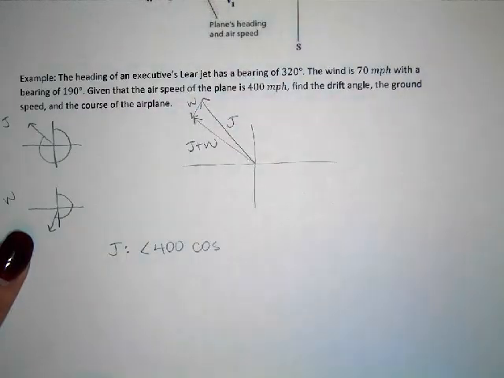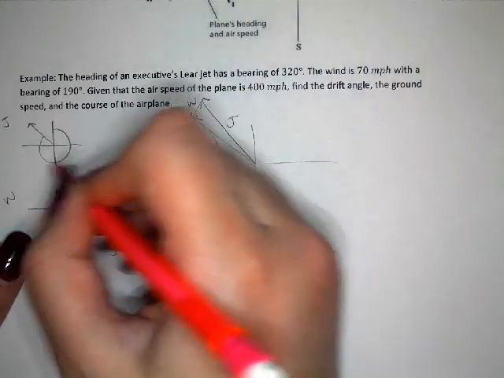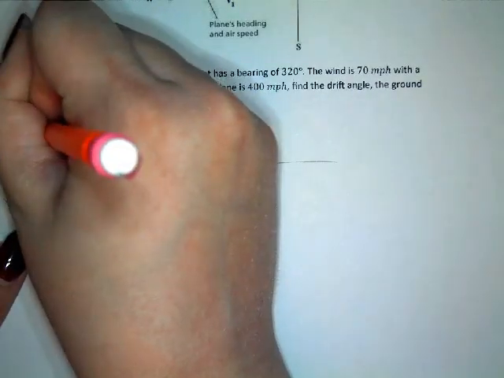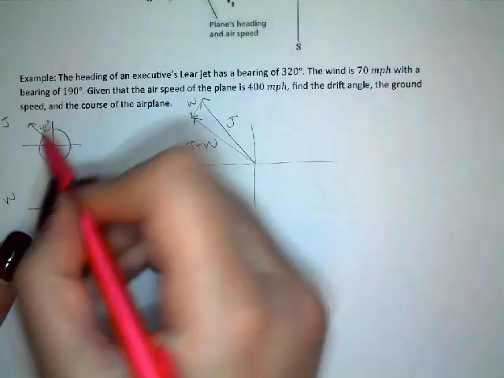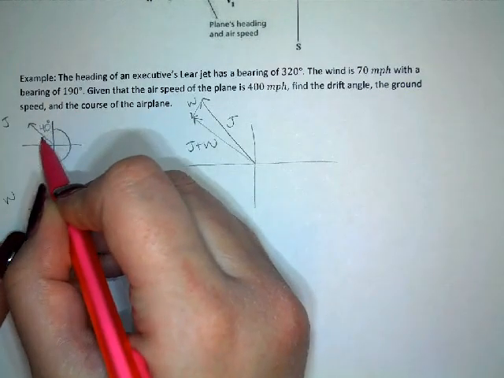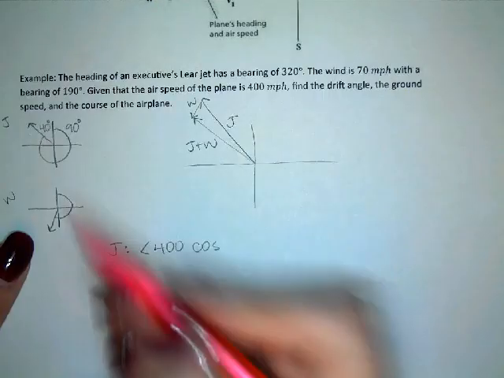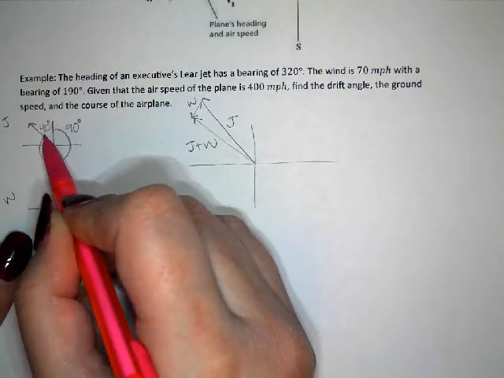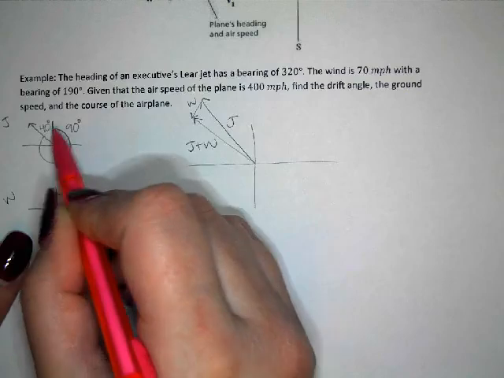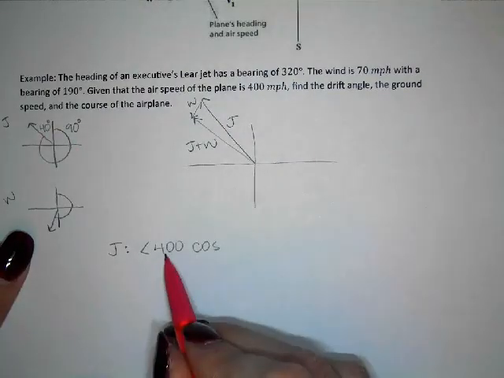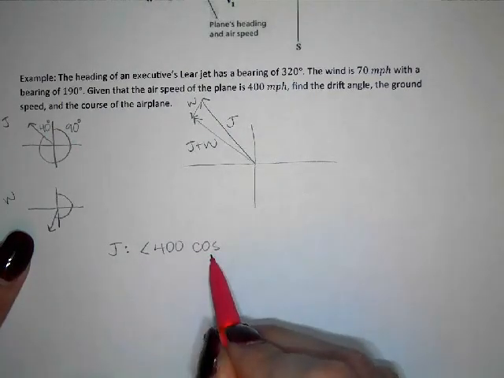And I know that this is a 90-degree angle. And so from standard position, this would be 130 degrees. So instead of saying 400 cos and then say it's bearing 320, I'm going to say this is the standard position of 130. 400 sine 130.